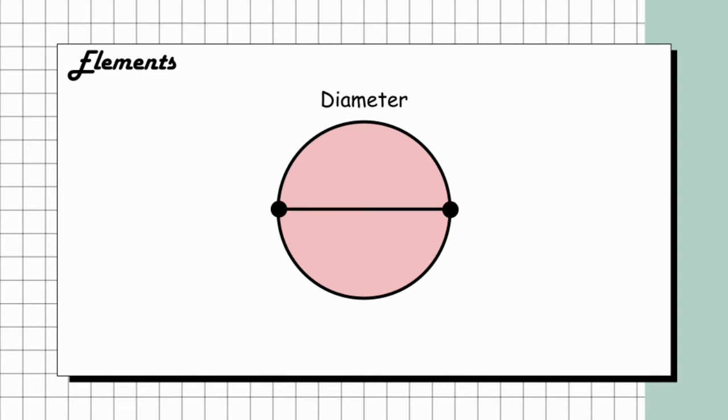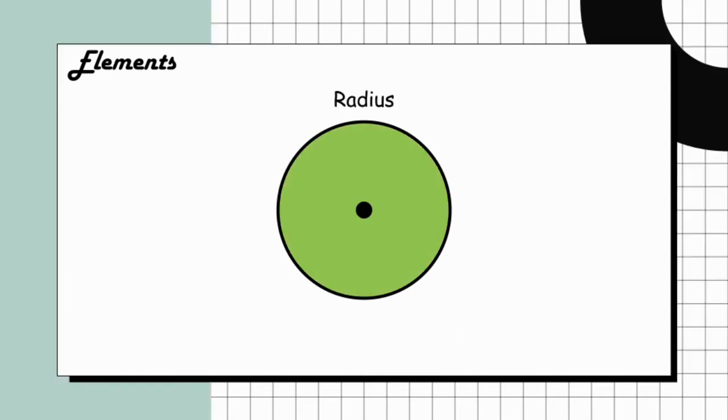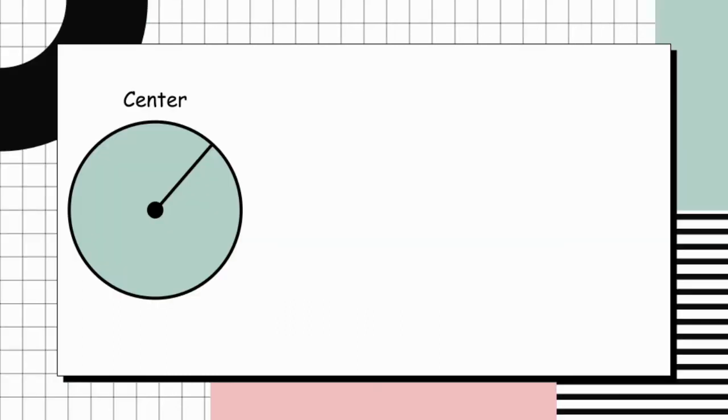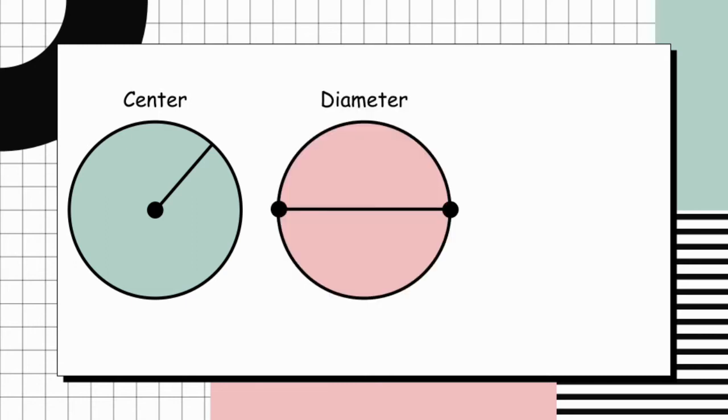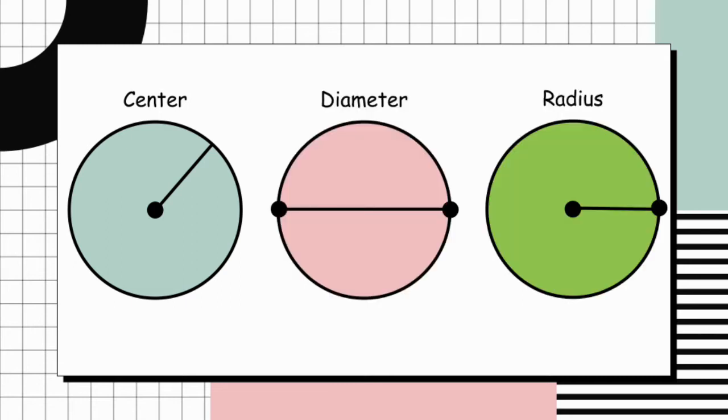The radius of a circle is the distance from the center of a circle to any point on the circle. These are the three most important elements in a circumference: the center, diameter, and radius.